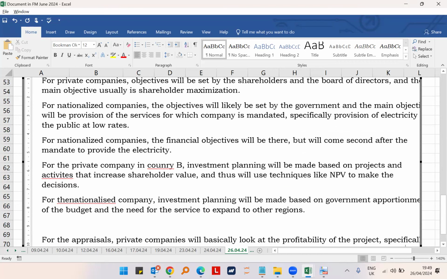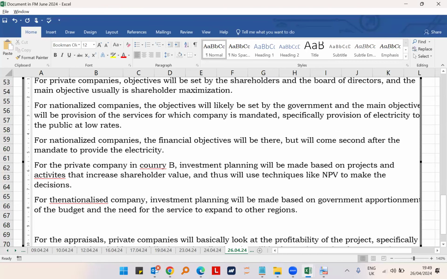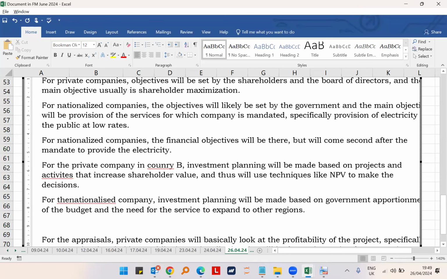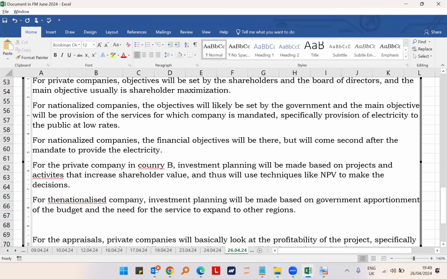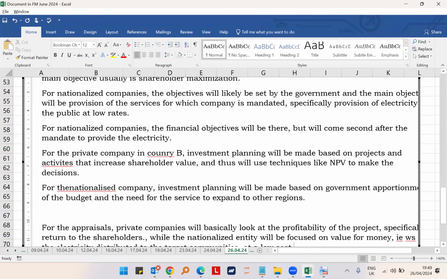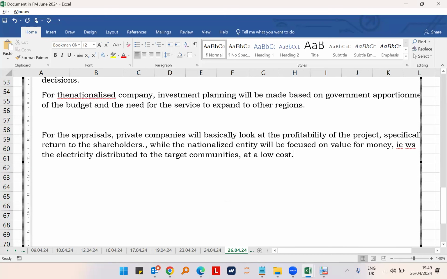Okay, i.e., was this electricity distributed to the target communities at a low cost? Okay, so of course, value for money has aspects of economy, efficiency, and effectiveness.